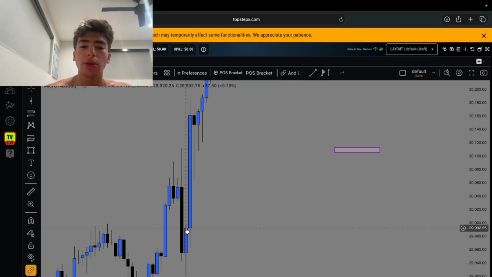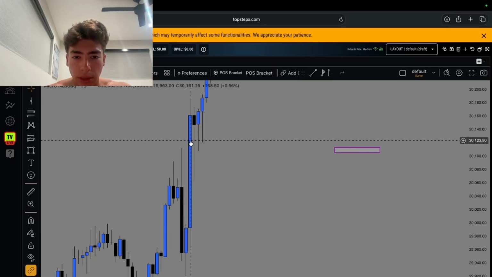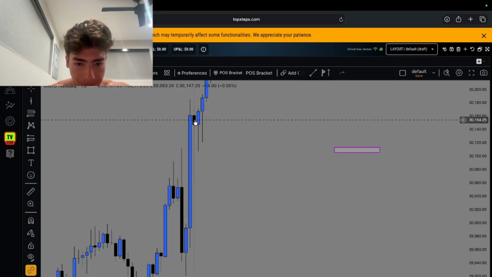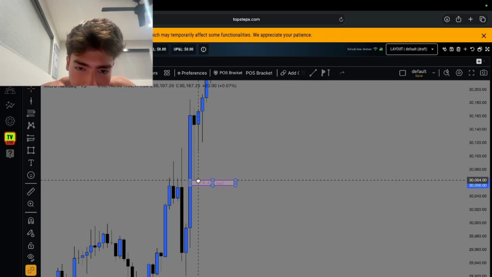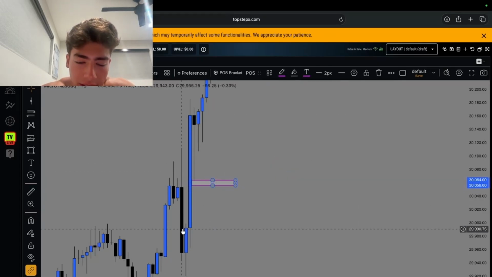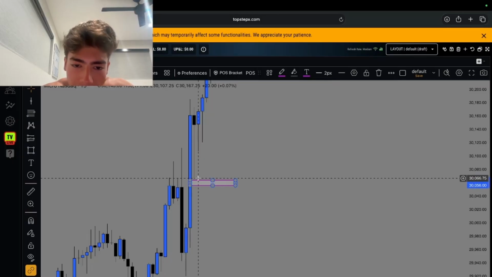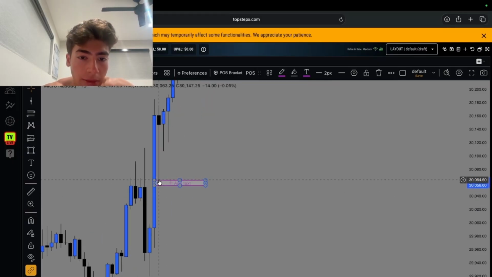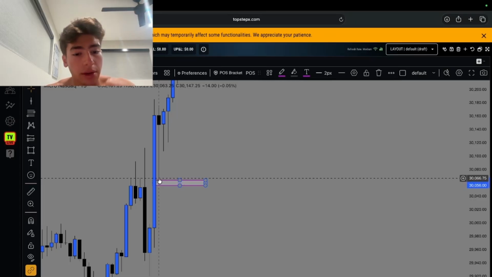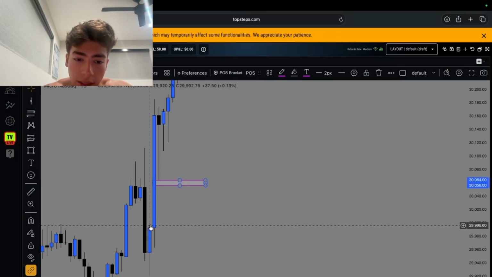So fair value gaps happen on a series of 3 candles, right? So this candle, bullish candle, whatever, bearish candle, and where the fair value gap would be is it's this 3 candle series, right? This candle, this candle, this candle, and the fair value gap would lie from the bottom of the wick of the 3rd candle and then to this wick right here.